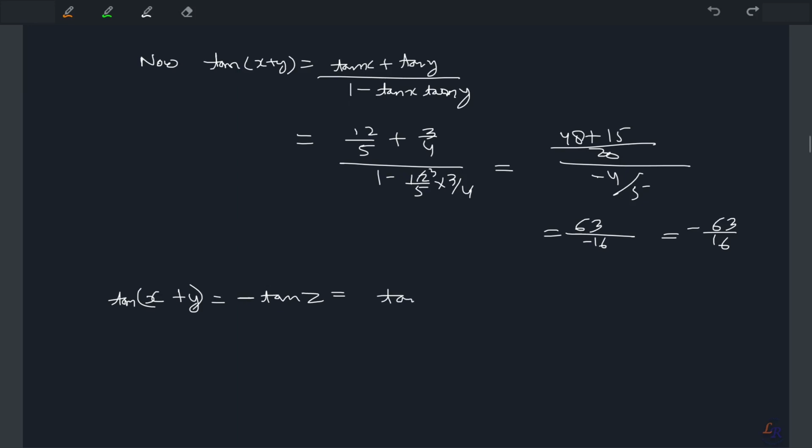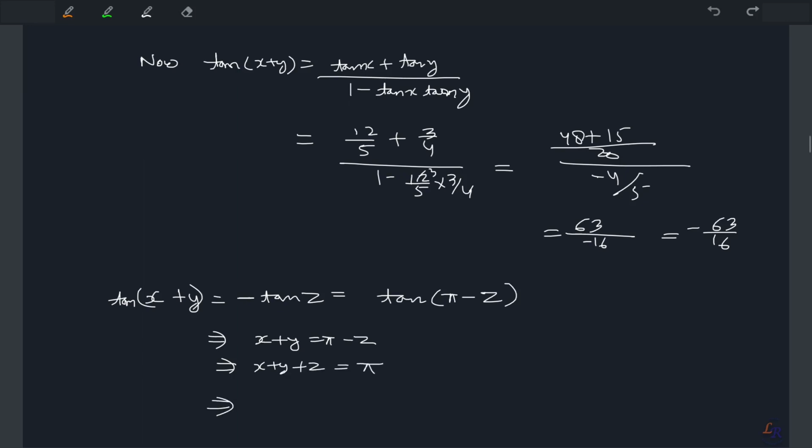You can write it as tan of pi minus z, that will give you minus tangent. Again it is from the trigonometric function property that we discussed in the very first lecture of this chapter. And then you take the inverse of both sides, so you will have x plus y is equal to pi minus z, which implies x plus y plus z is equal to pi, right?